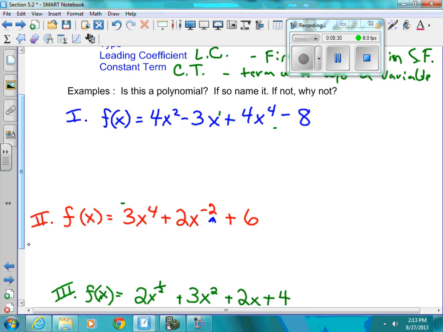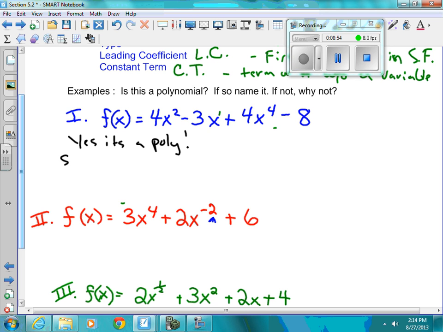We don't have any negative exponents, or exponents in the denominator, which would be negative exponents if I rewrote them using the negative exponent rule. It fits that definition. So yes, it's a polynomial.